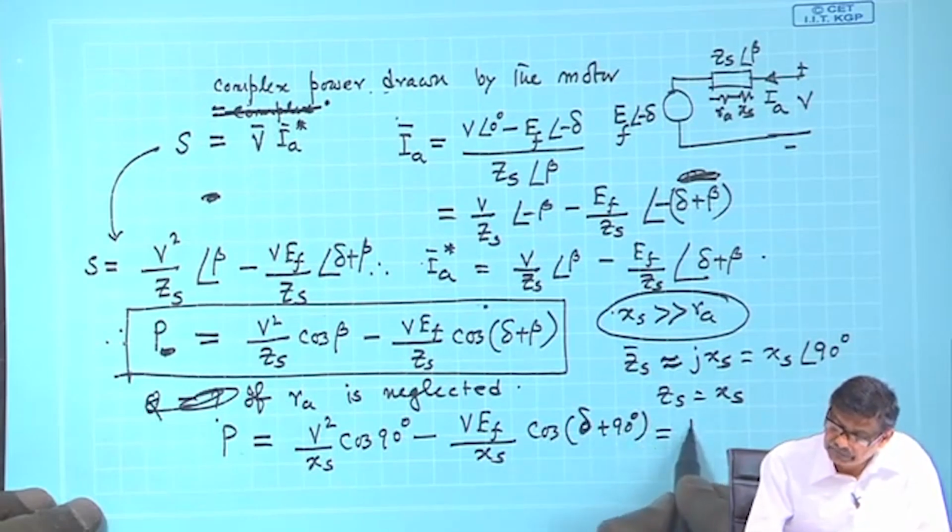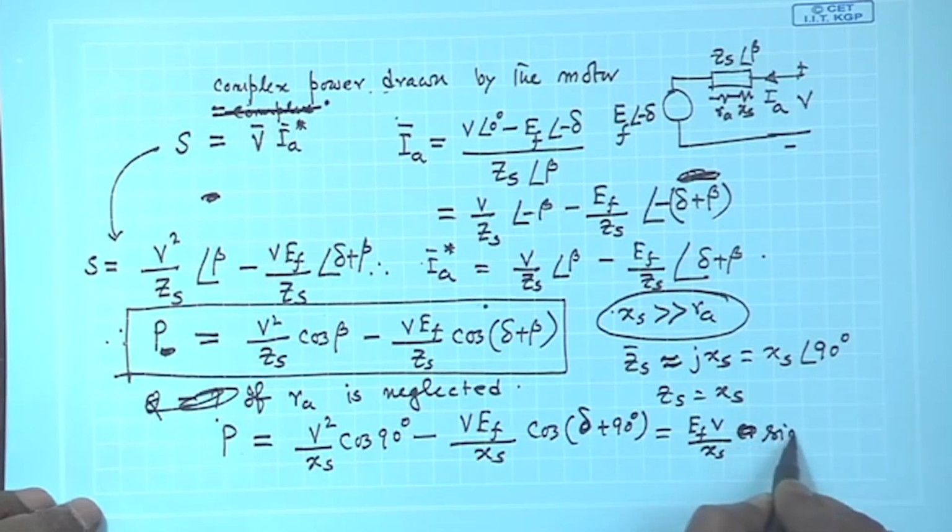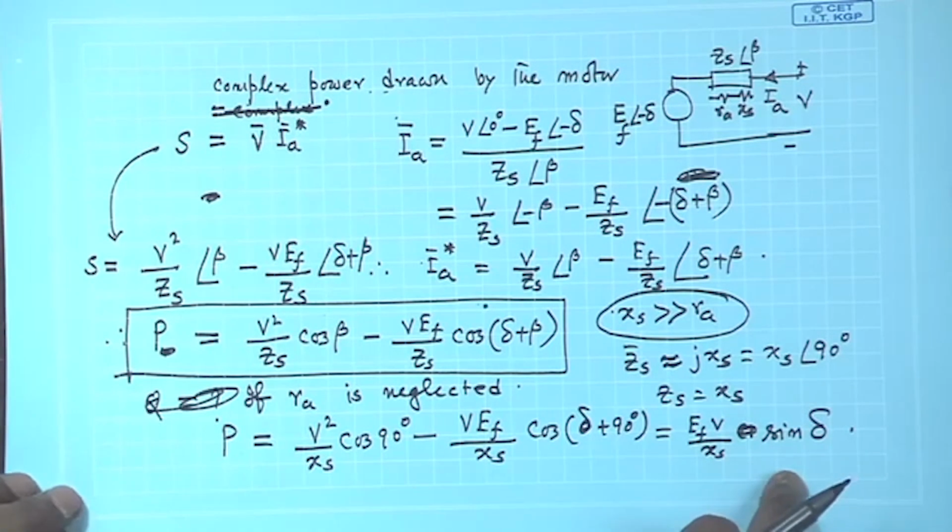So, this will become E f V by X s into sin delta. Got the point.